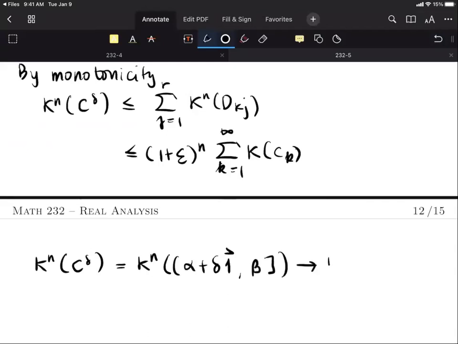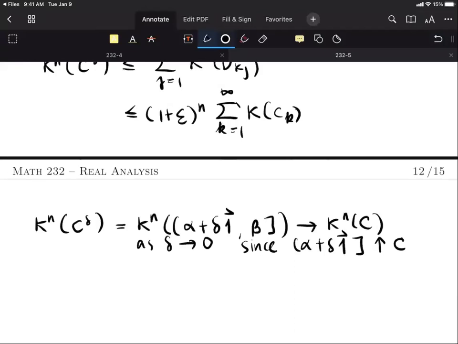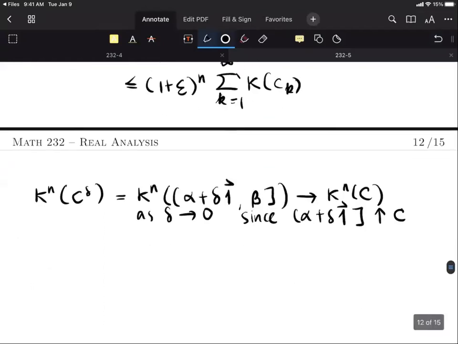This tends to kappa n of the cell C as delta goes to 0, since alpha plus delta 1 increases with C. Well, you can take a sequence if you like, but that would be the case.